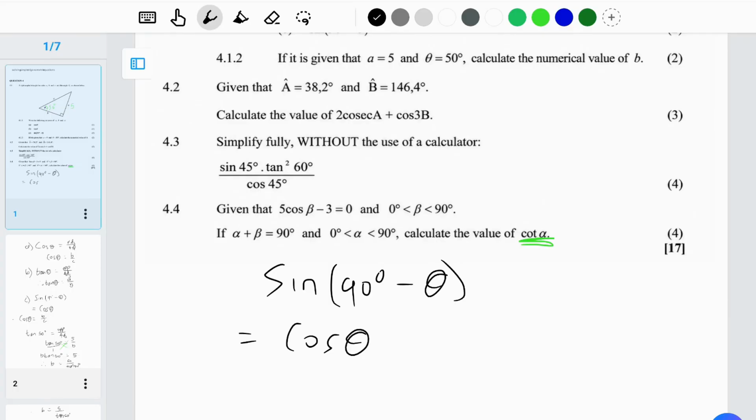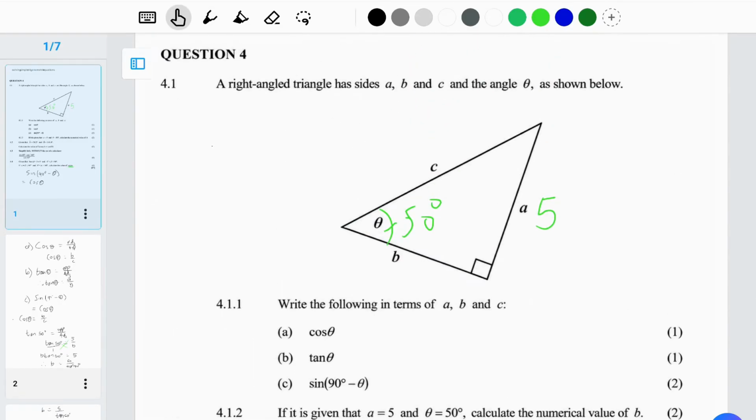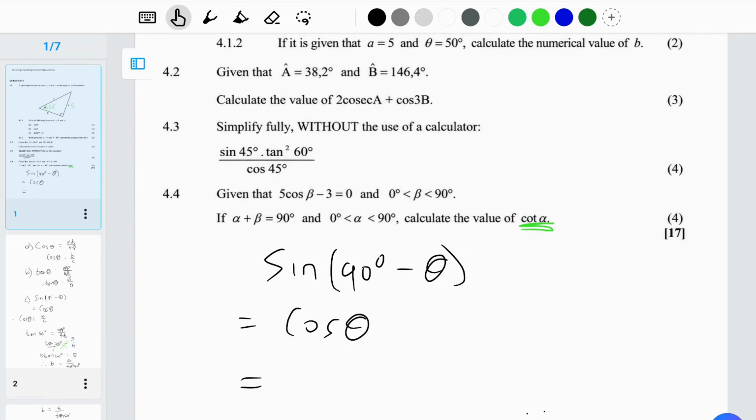I'll drop a video on cofunctions, but for now, you need to know that sine of 90 degrees minus theta equals cos theta. If we look at the angle here again, cos is adjacent over hypotenuse. Adjacent to theta is B and the hypotenuse is C, so cos theta equals B over C.